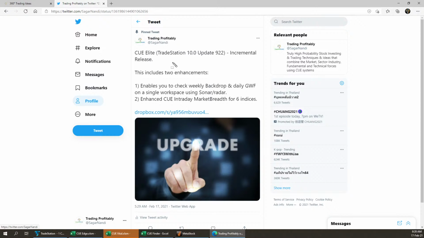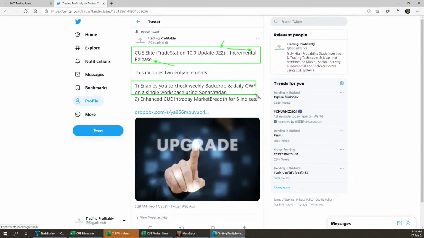There is an incremental release for Q Elite for Trace Station 10, the latest update 922. This is an incremental release.